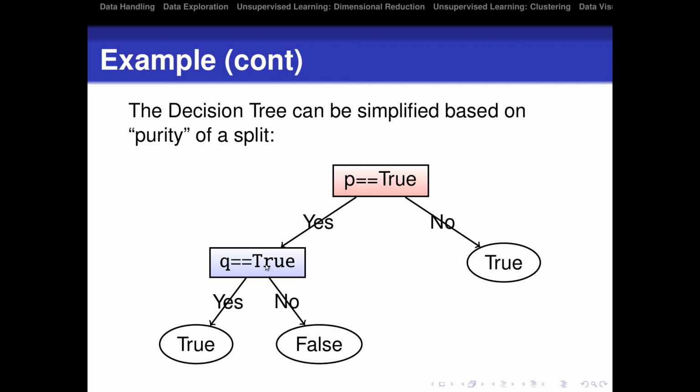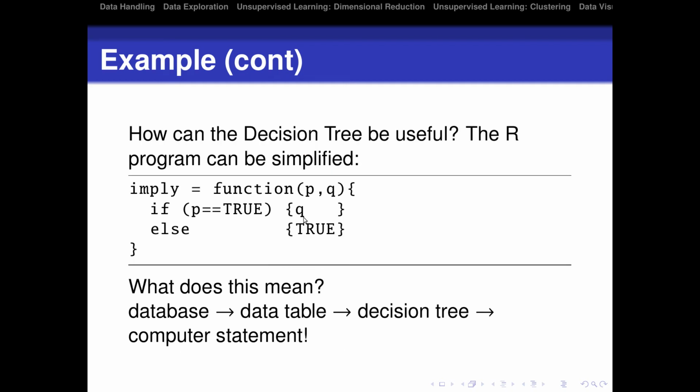So what does that mean? We can just return Q, that's why we see a Q here. On the other hand, if P is not true, then it's false, and the return value according to the previous simplified decision tree is actually true.